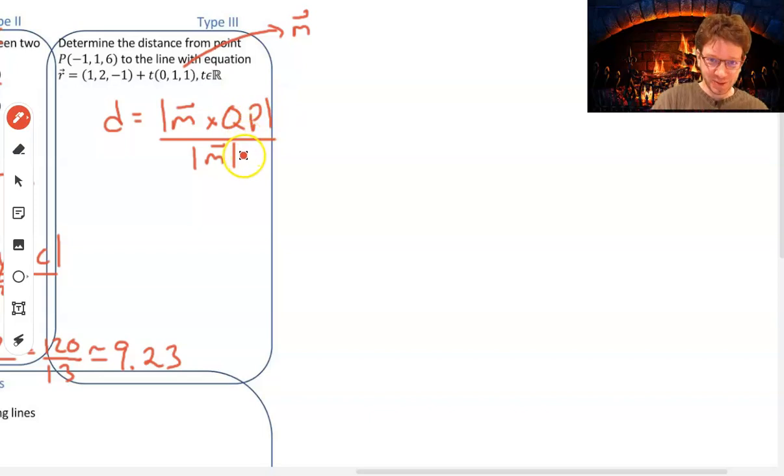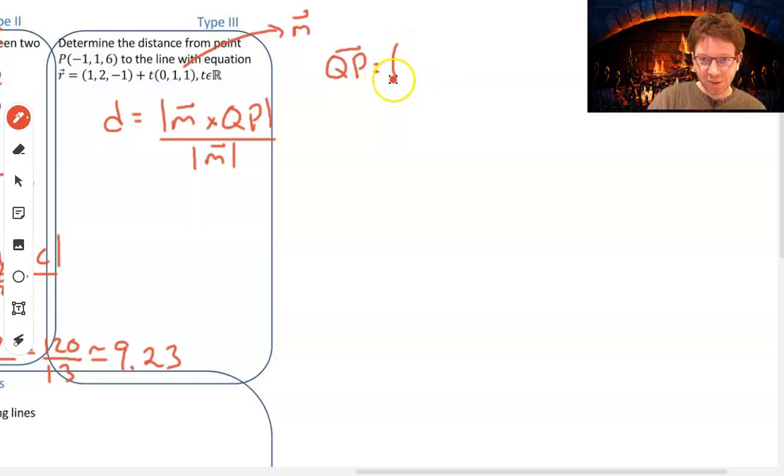QP, I don't actually know QP, right? But I do know a point on the line right here, and I do know a point off the line, and that's what QP actually is. If you go back to that diagram, QP goes from a point on the line to a point off the line. So I can figure out what QP is just by taking the difference in their coordinates.